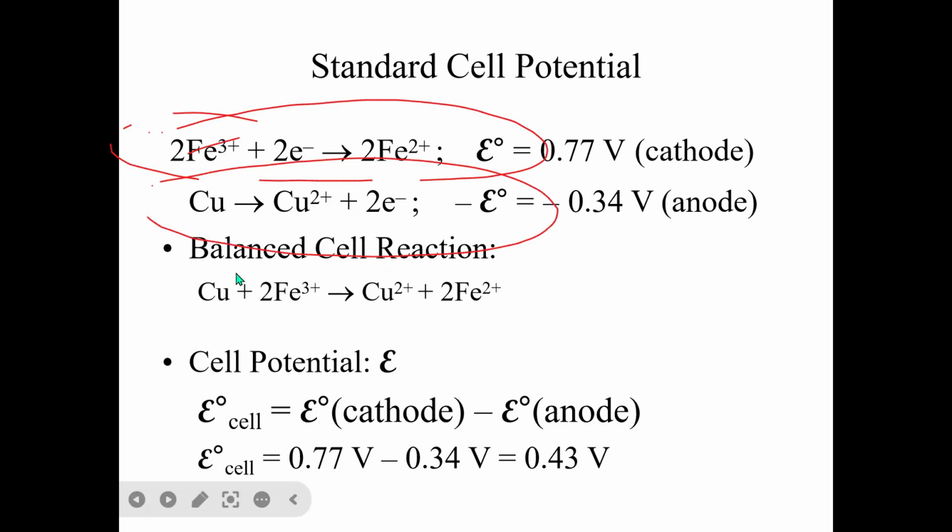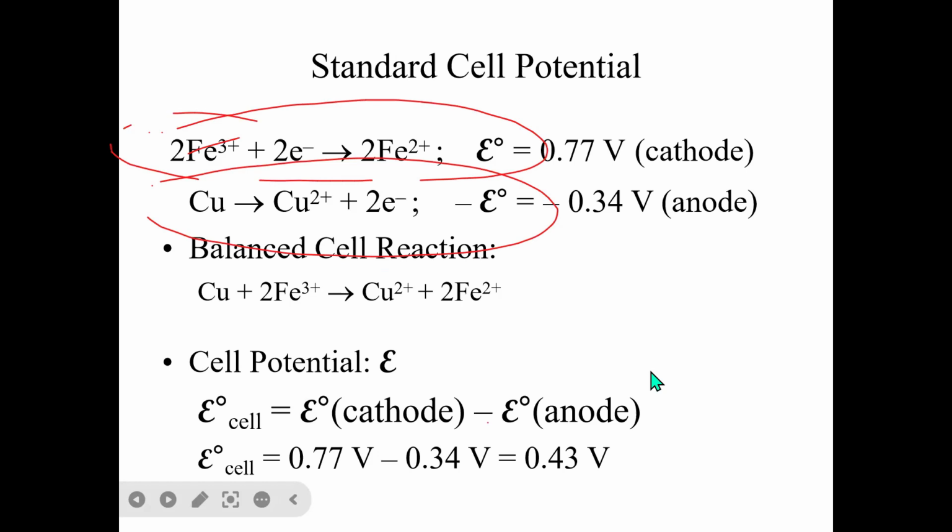So then the next thing is actually to calculate the cell potential. So how are we going to calculate the cell potential? Because this one changed to negative, this one is for the cathode and this one is for the anode. And of course, you know that we have minus here and we already have minus here.